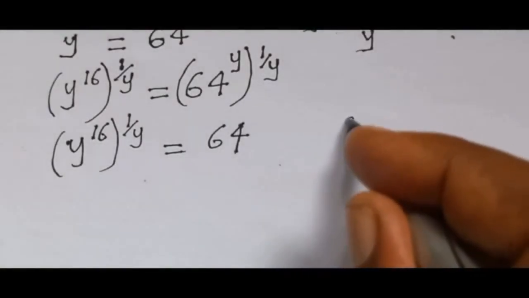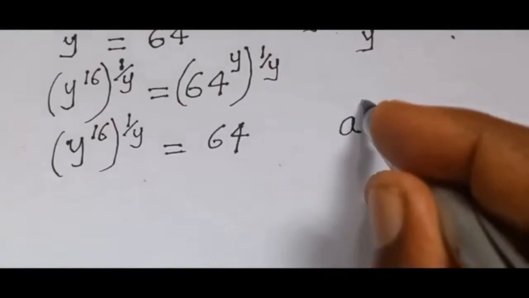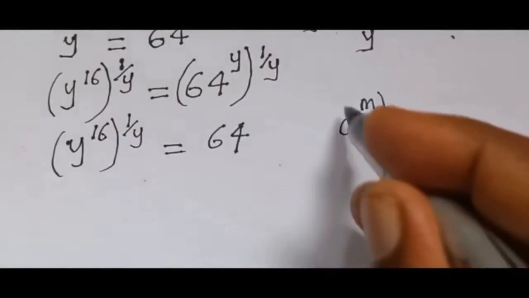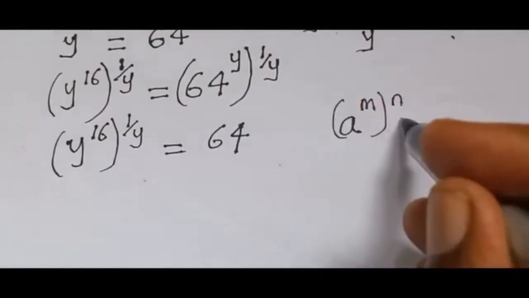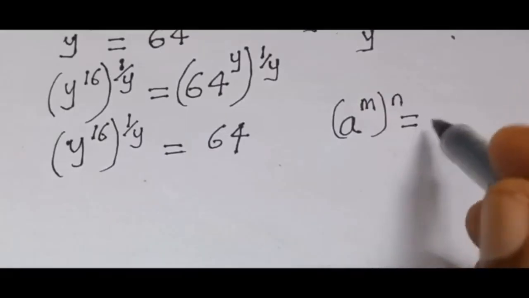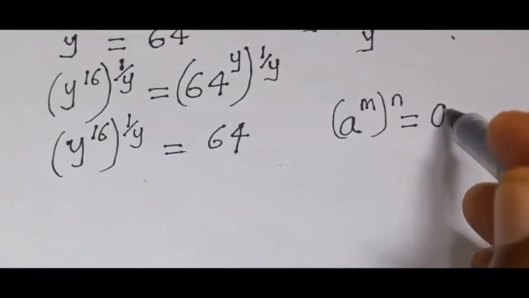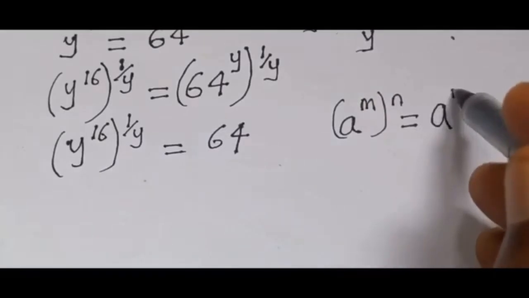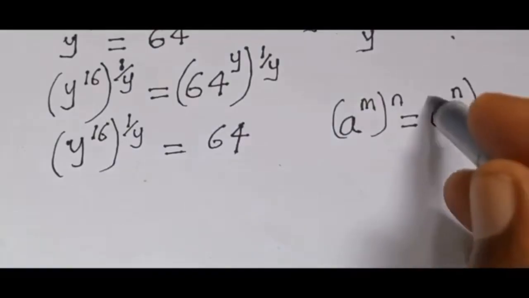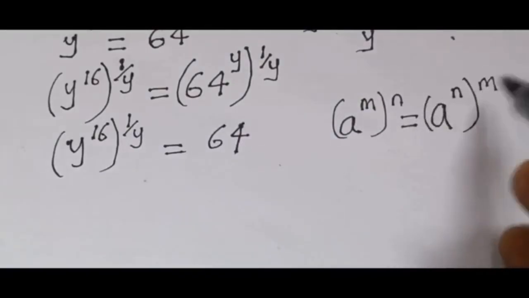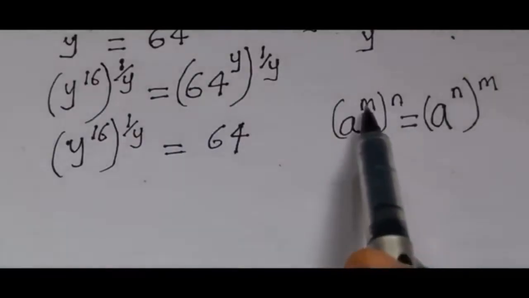Okay, from this, let us deal with this part using the law of exponents, which is a raised to power m in the bracket raised to power n. This is the same as to write a raised to power n in the bracket raised to power m. We just interchange the exponents.